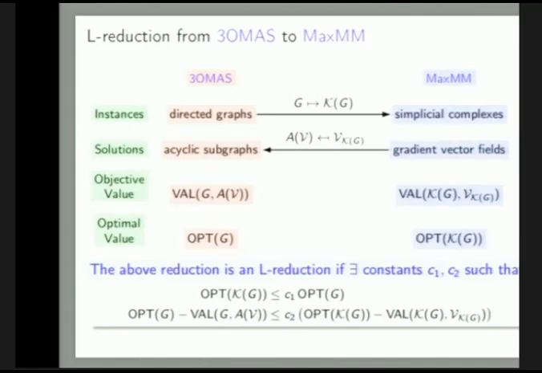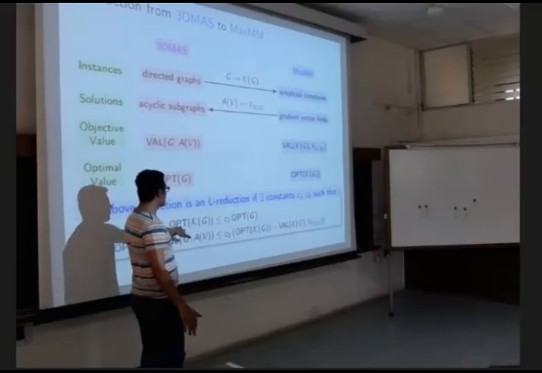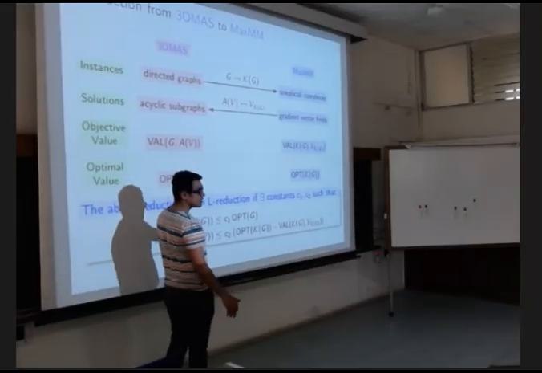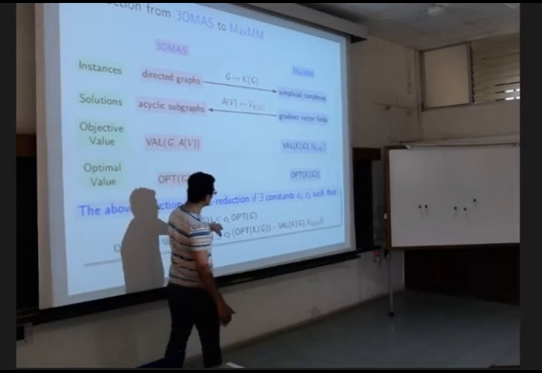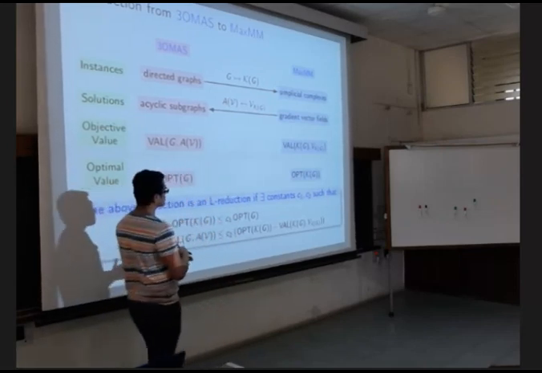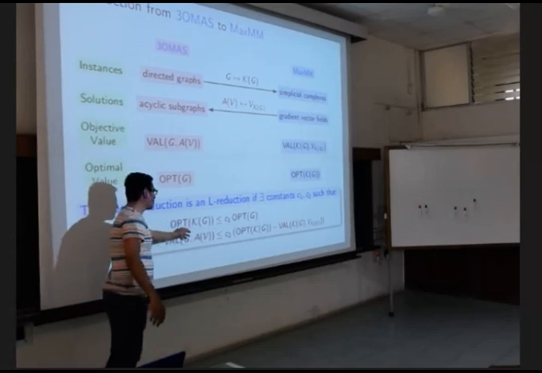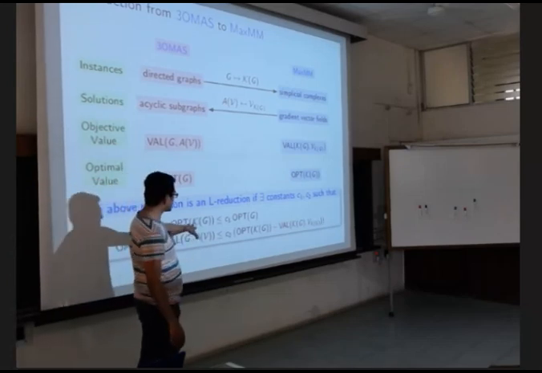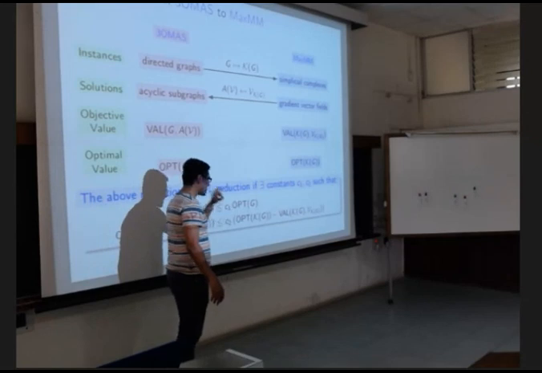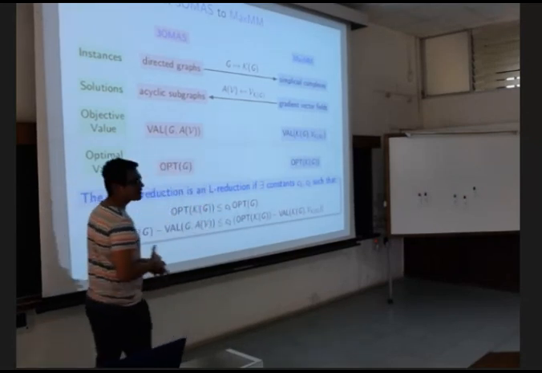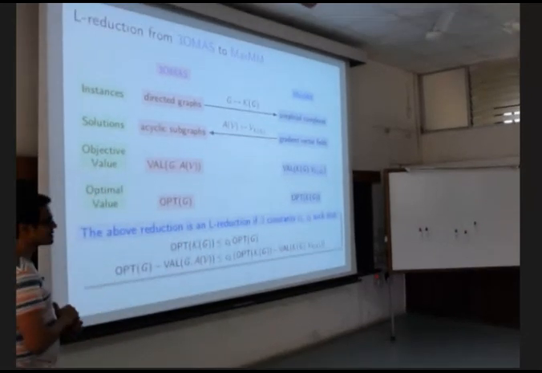The optimal value of max Morse matching for K_G is less than or equal to some constant C1 times the optimal value of max acyclic subgraph on graph G.